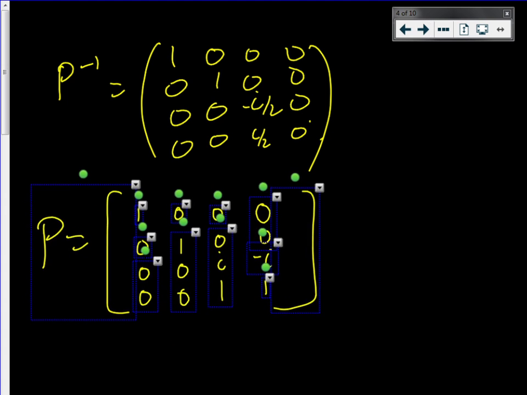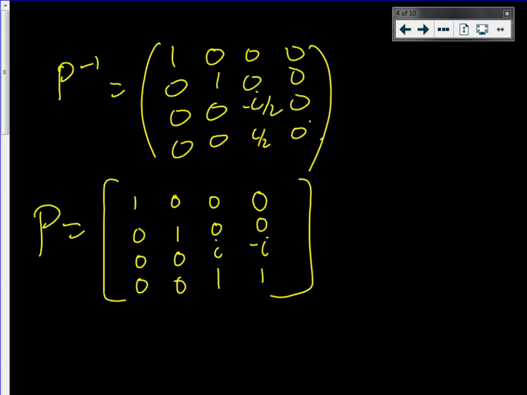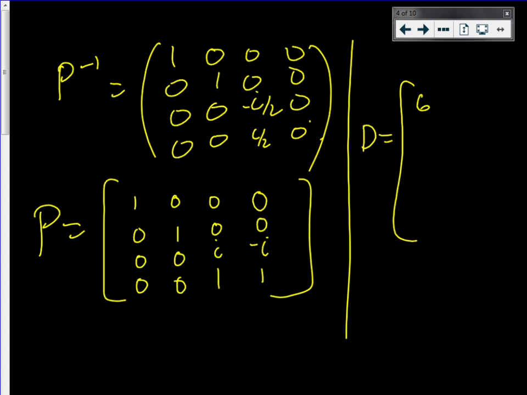So that's P. And D was just the diagonal matrix with the lambdas on the diagonal: 6, 5, 1 plus i, and then 1 minus i. That's matrix D. Now, what exactly did they say?